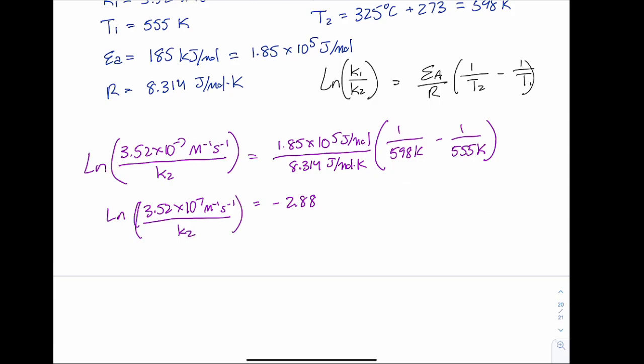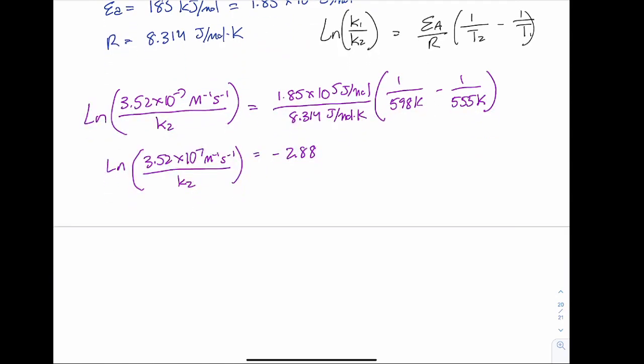So at this point, I need to undo my natural log, right? So I need to take the anti-natural log of both sides. To do that, remember we raise it to e. So on this side, I'm going to have 3.52 times 10 to the negative 7th divided by k2 equal to e raised to the negative 2.88.